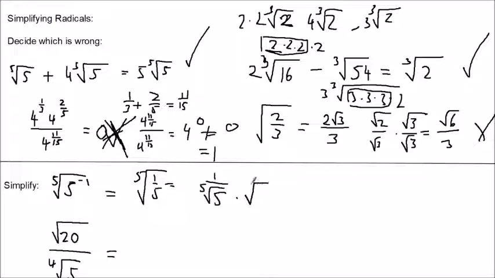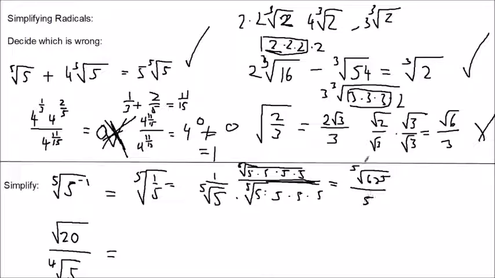So we gotta multiply this by the fifth root of 5 times 5 times 5 times 5, and multiply this also by the fifth root of 5 times 5 times 5 times 5, which is equal to, the top will be fifth root of 625, and then the bottom will just be 5, and that's the answer. That's simplifying. I don't know about you, but I think this is a lot more simplified than this. That's me telling the truth.